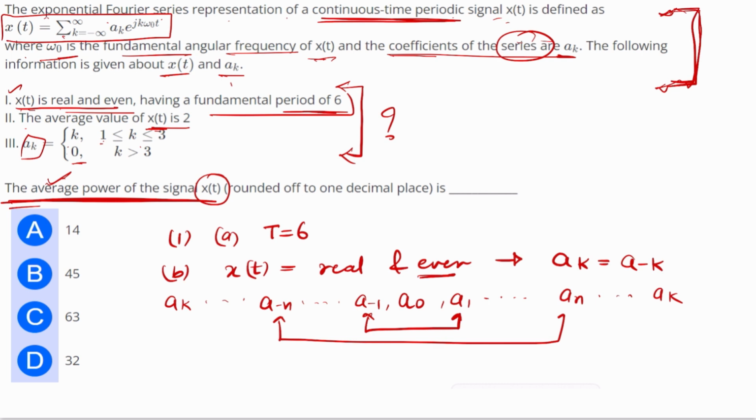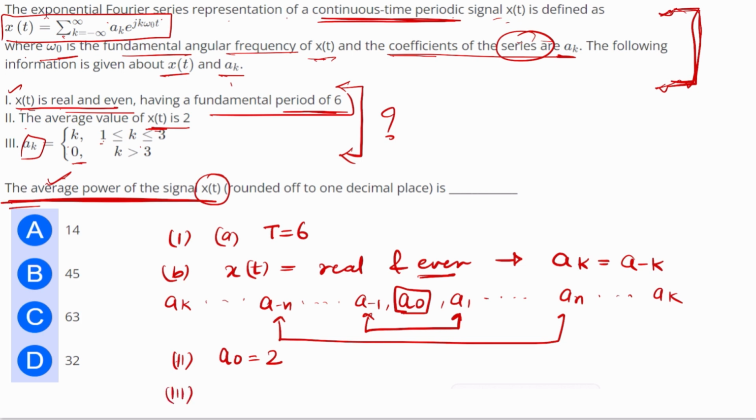That is the meaning of real and even. Second, the average value of x(t). As I have told you, a naught is the average value, so a naught is given to us, that will be equal to 2.